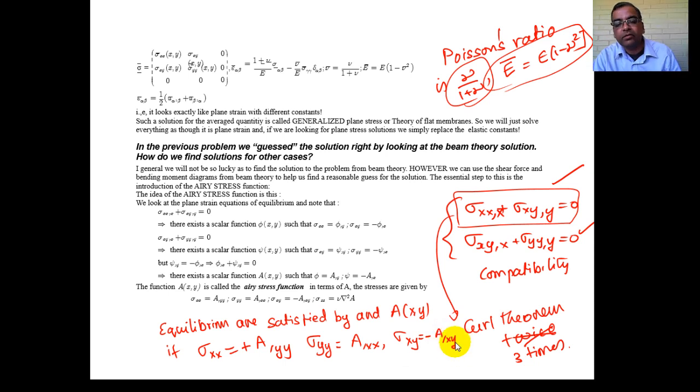If you do that, it will satisfy the equations of equilibrium. And sigma zz will be nu times del squared A, we don't care, it will automatically satisfy. The problem is compatibility. Just like with the Prandtl stress function.